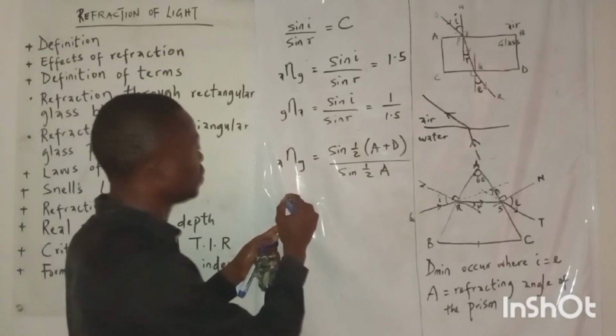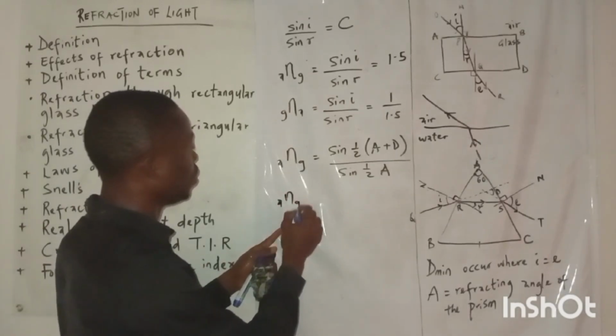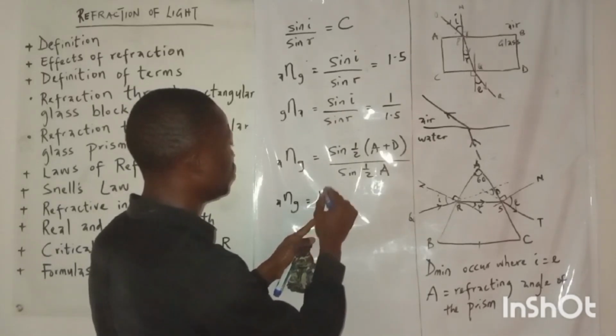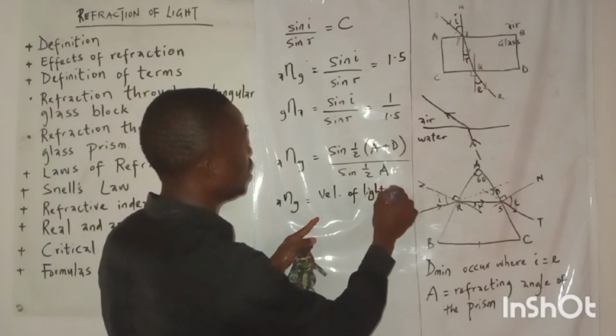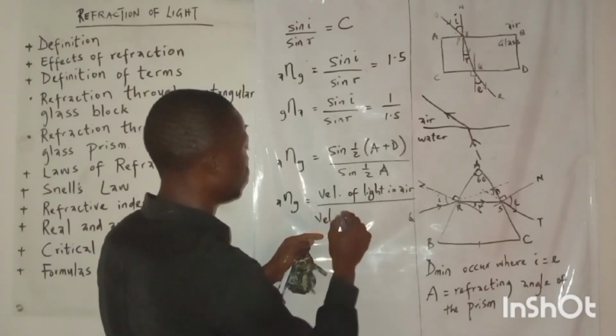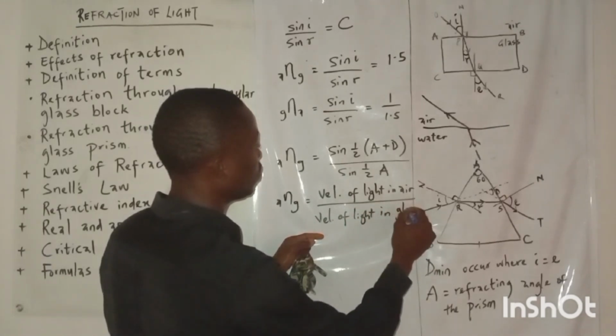Also, the refractive index, when light travels from air to glass, is equal to the speed, or the velocity, of light in air all over the velocity of light in glass.